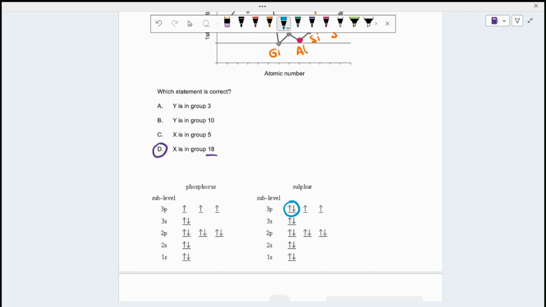We are removing an electron from a doubly occupied p orbital as opposed to a singularly occupied one. So there will be greater repulsion here. So it will be much easier to remove one of those electrons.